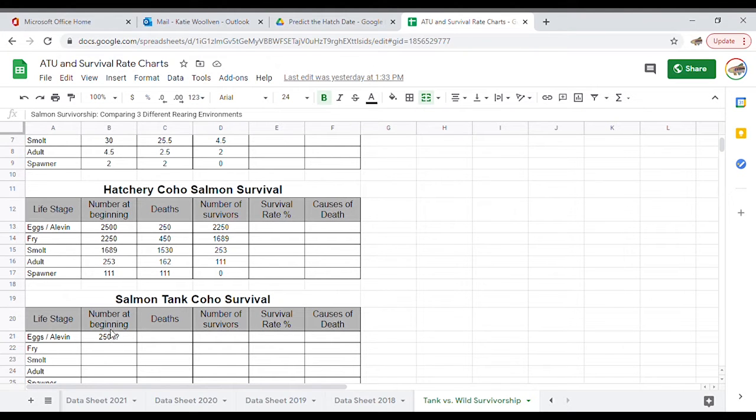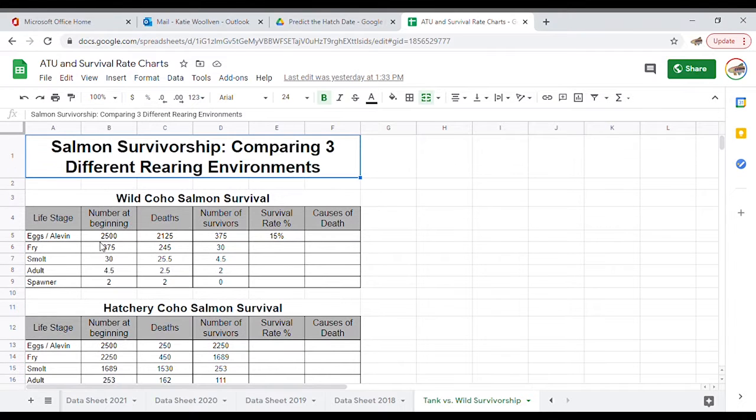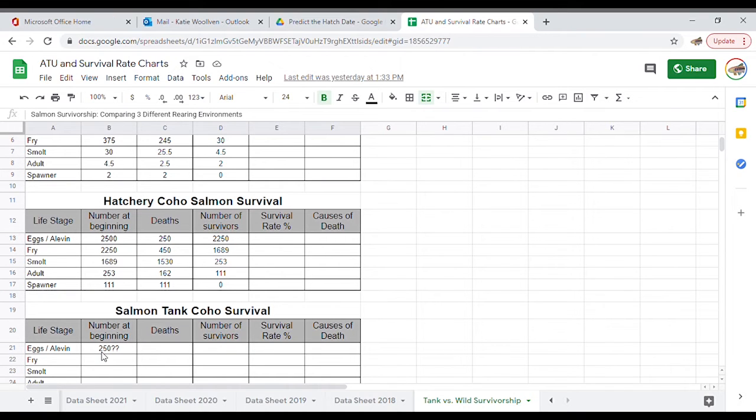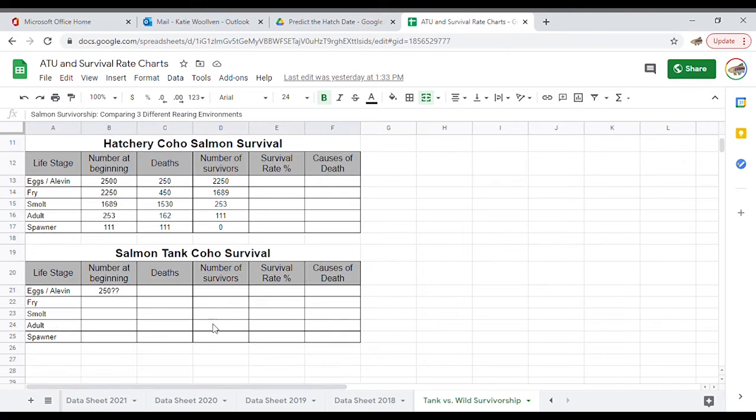And so we can start with our beginning number, what there is in the red, how many deaths have been recorded in different studies, and we can calculate the survival rate, and we can also speculate on what would be the cause of death for eggs or alevin in the wild versus what would be the cause of death, a lot lower here in the hatchery, and then we can record and calculate that for our tank as well, and we can compare what the different hazards might be in those different environments.